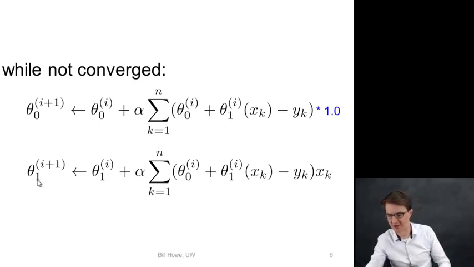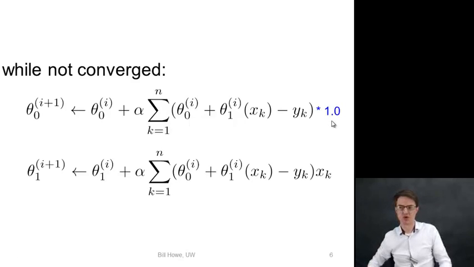One detail here: for theta 0, why don't we have this multiplied by xk? The reason is that because it's the y-intercept, there's not an x value to multiply by, so it's just assumed to be 1.0. In fact, you can think of this as adding an extra attribute. If you've got a single attribute, our x values, and we're trying to predict y from x, we can think of there actually being 2 attributes.